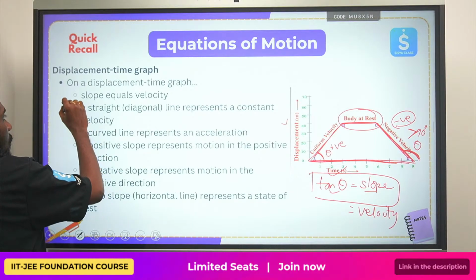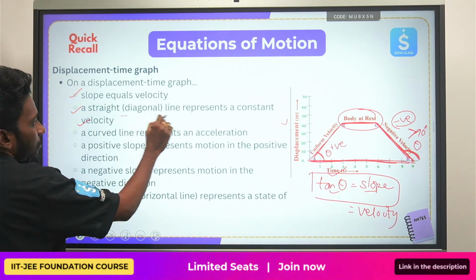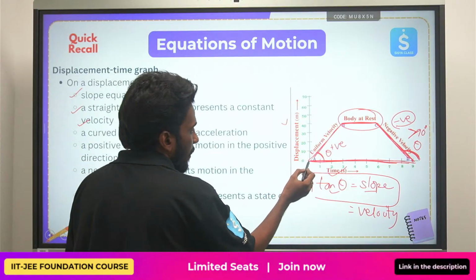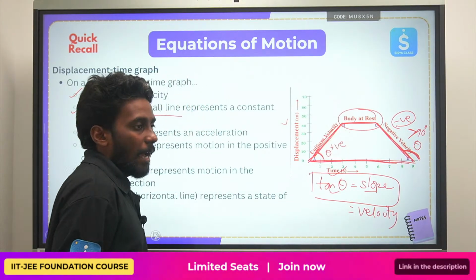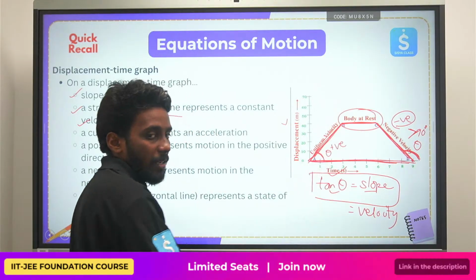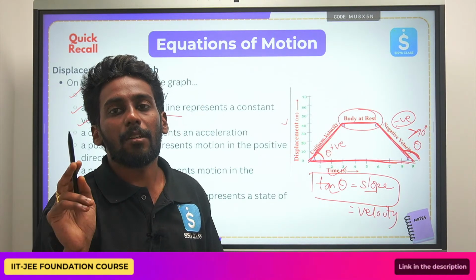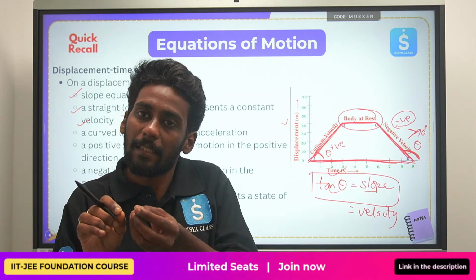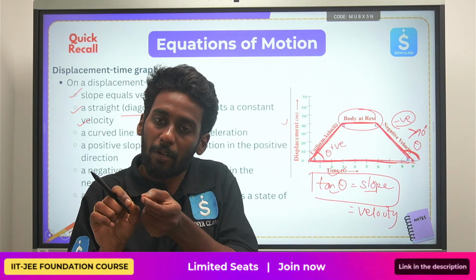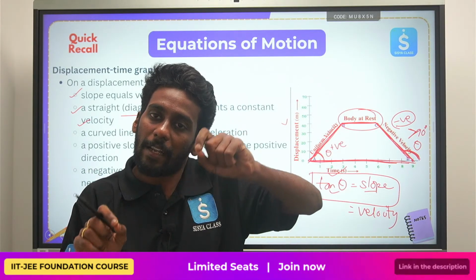Next, a diagonal straight line represents a constant velocity. What happens if you get curves in place of straight lines? If you are getting curves, it means the velocity is not constant, the velocity is variable. The velocity is not uniformly increasing, it is variably increasing.